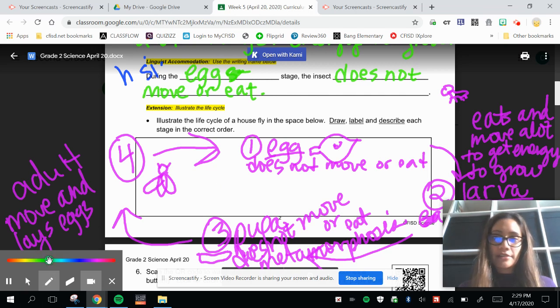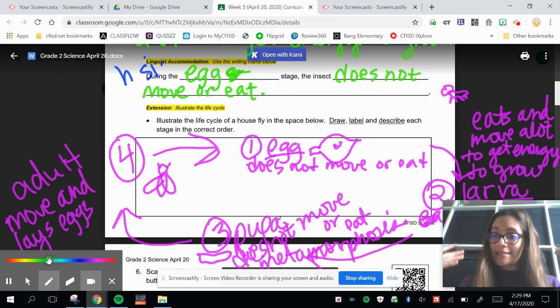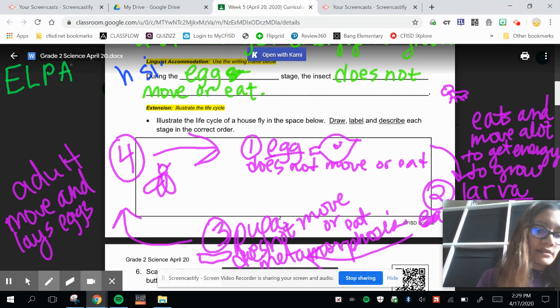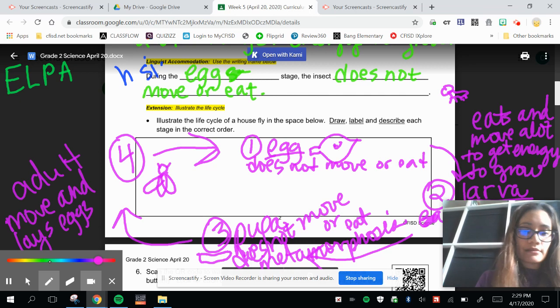So a reminder, here's a little tip on how to remember the steps of the life cycles of an insect. I like to use something called ELPA. Why ELPA? Because you can spell the stages like a crossword.